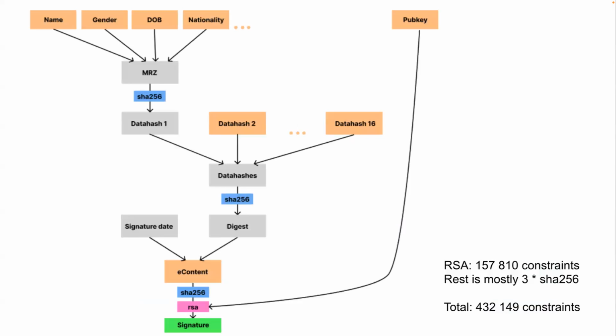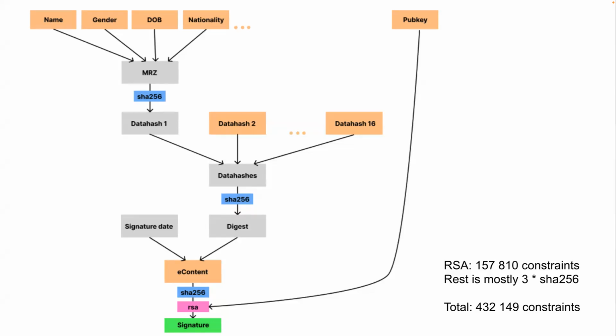So this is the basic structure of the circuits. This is all of the data groups I've been showing you, DG1, DG2, up to DG16. And this is all of the data that's going into the MRZ. As I said earlier, the MRZ is this big string with data about yourself.